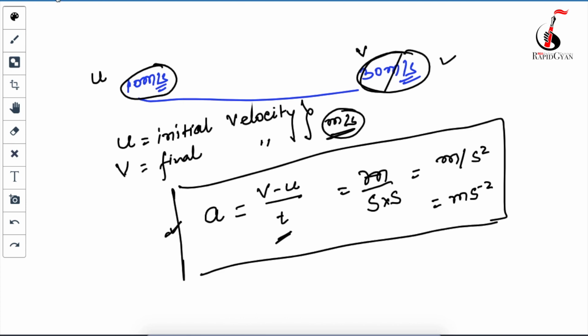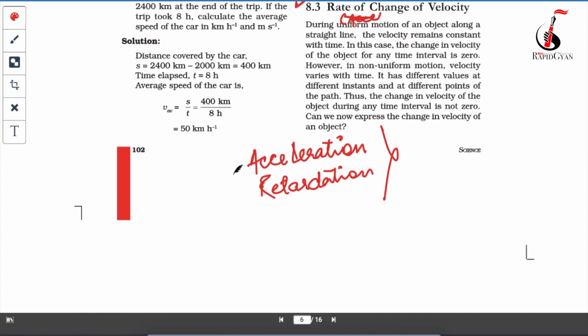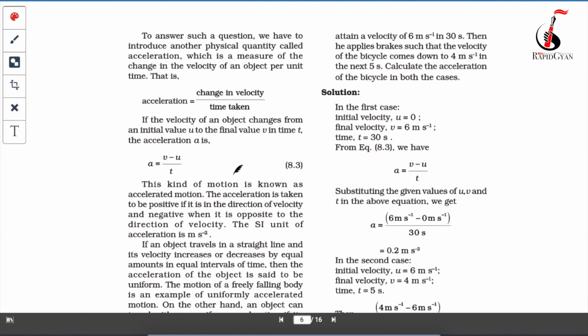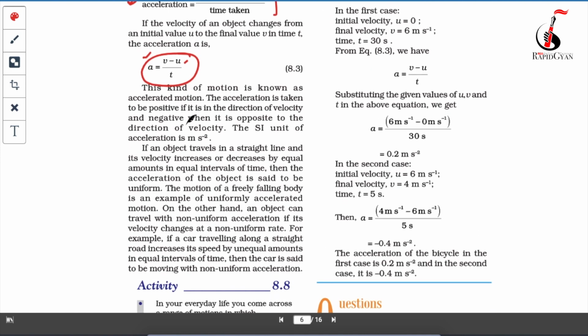Okay, now let's solve a few questions on this. See, acceleration is your change in velocity upon time taken. Acceleration is v minus u upon t, where v is your final velocity and u is your initial velocity. Of course, if final velocity is less and initial velocity is more, that will be the case of negative acceleration or retardation, correct?